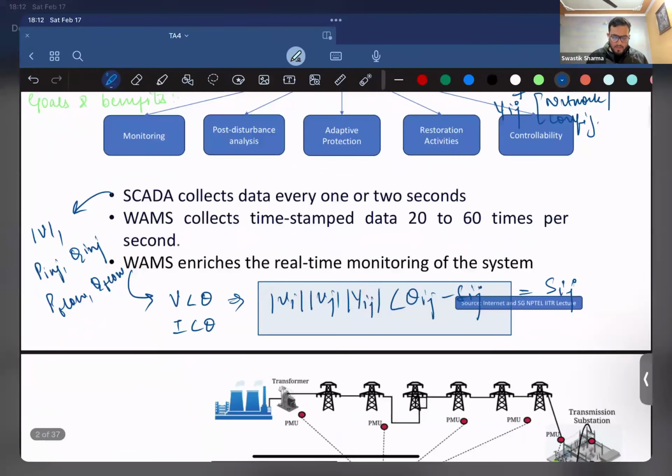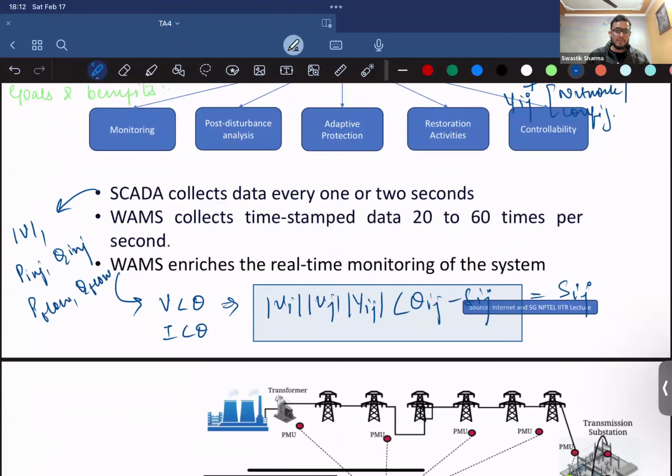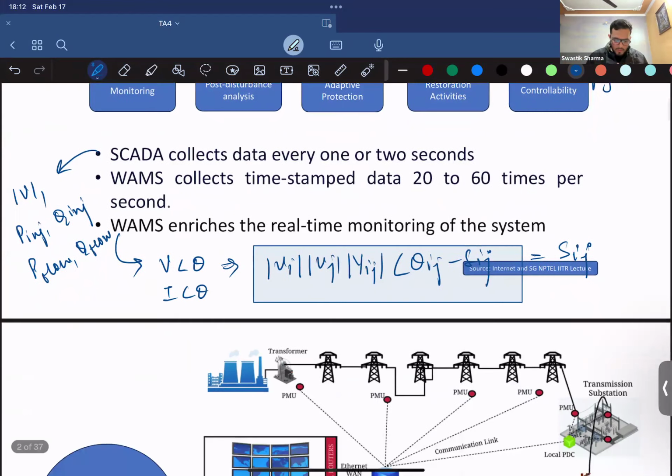And since it's timestamped and sequenced, you can check at what time the fault began, how the fault proceeded, what happened, what caused the fault. Everything could be known because WAMS uses PMUs, which use timestamps to send the phasor data to the different load centers, right?